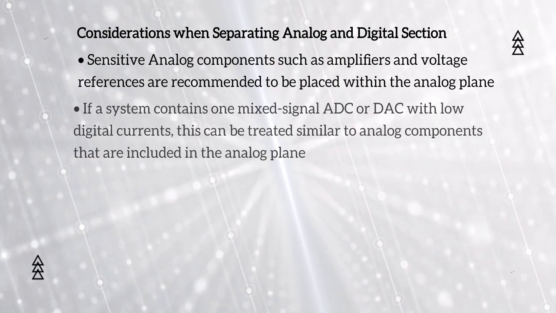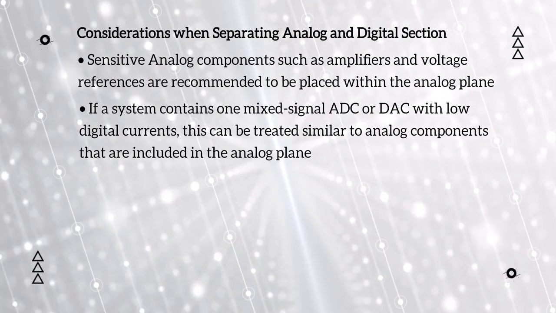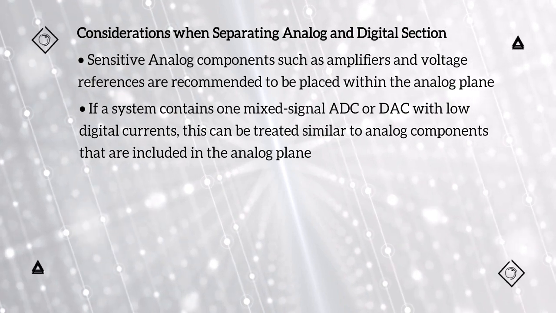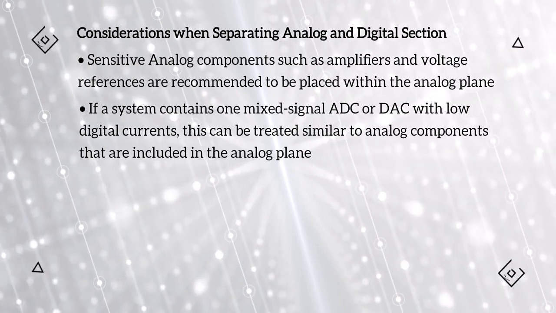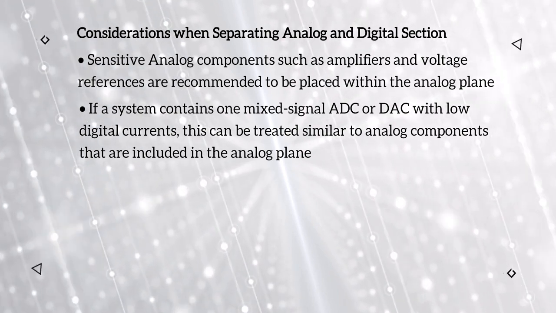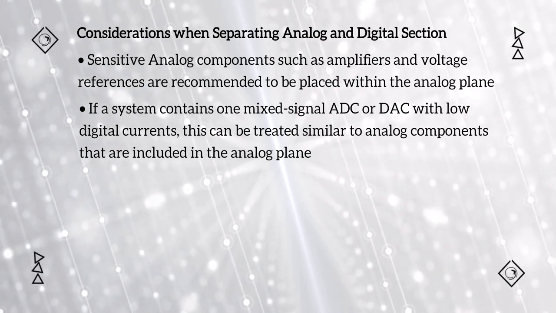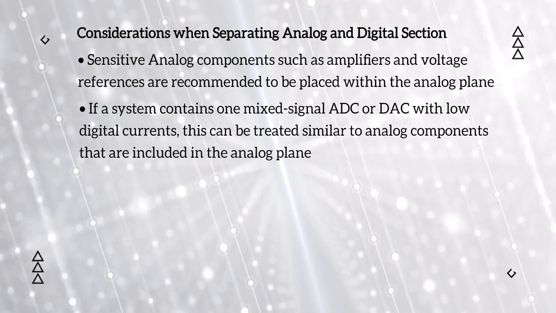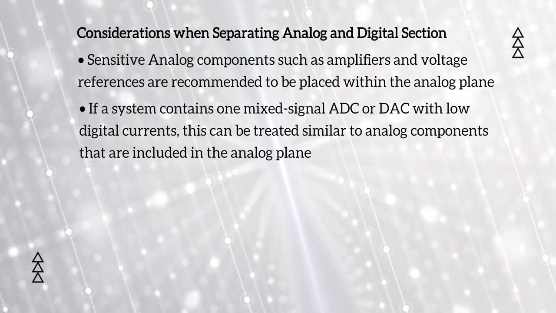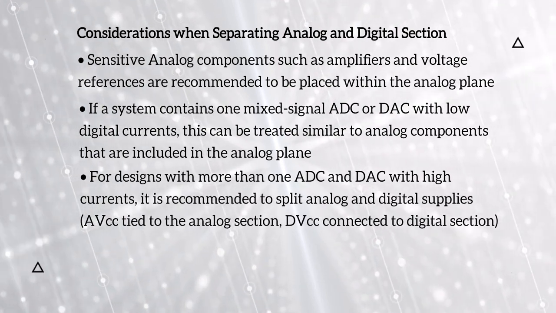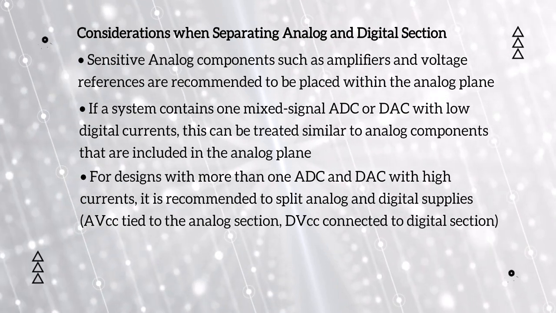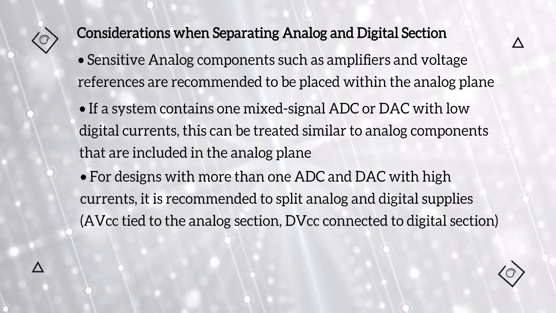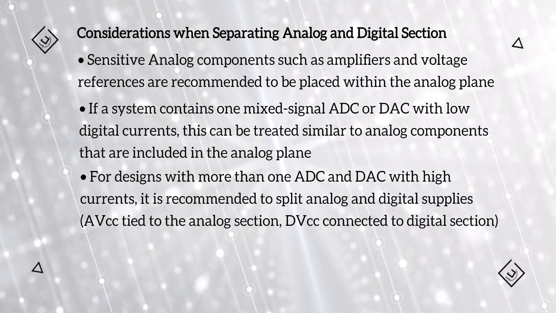The second, if a system contains one mixed signal analog to digital converter or digital to analog converter with low digital currents, this can be treated similar to analog components that are included in the analog plane. Then, the third, for designs with more than one ADC and DAC with high current, it is recommended to split the analog and digital supplies.